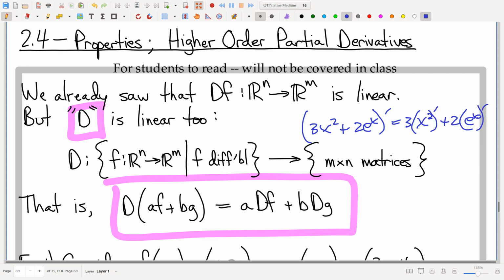And then, don't forget the 3, don't forget the plus, and don't forget the 2. All of this is the same, and it is a sort of linearity, in the sense that here we have a linear combination going into the differentiation, and here we have a linear combination of what comes out of the differentiation. That's what linearity is. That's all that is.